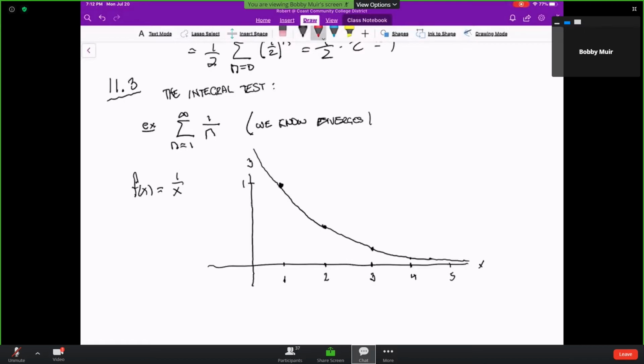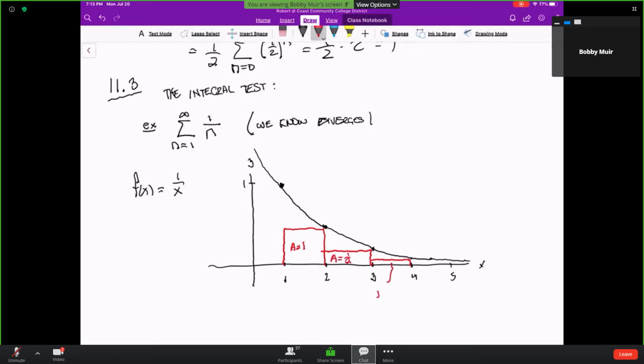Now if I was to draw some stuff on the inside, like let's say I was to draw this box, and then this box, and then this box. The area of this box is 1. The area of this box is 1/2, right?